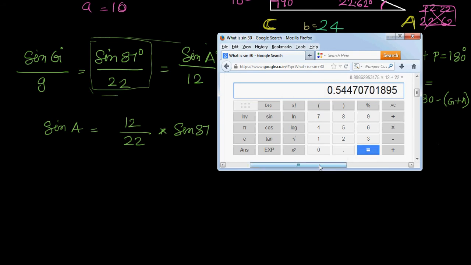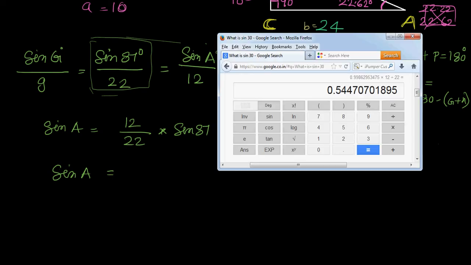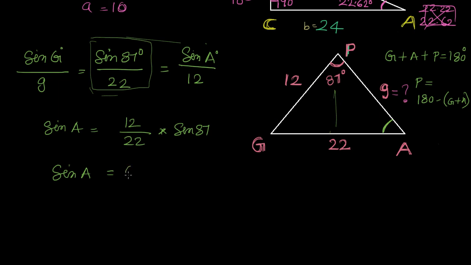That's nothing but equal to, I'll write here, sine of A is equal to 0.5447. Now this gives me, if I go for inverse, what is angle A?